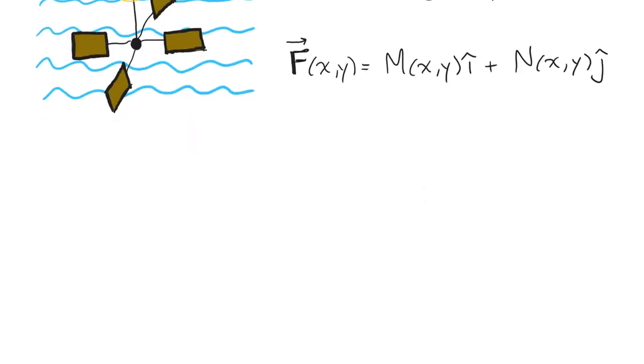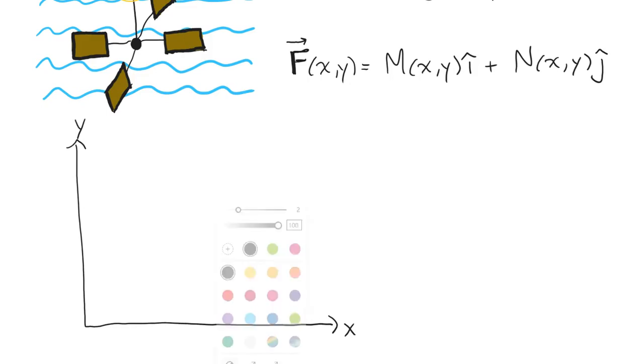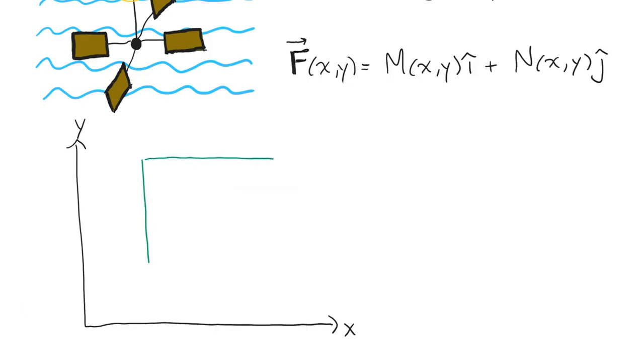Now what we'll do is we'll draw the first quadrant of the xy plane, and we're going to have a region which we will call A, and the boundaries of A are parallel to either the x-axis or the y-axis. So this is A, and the point here that we will ultimately want to determine the circulation density at is x comma y.